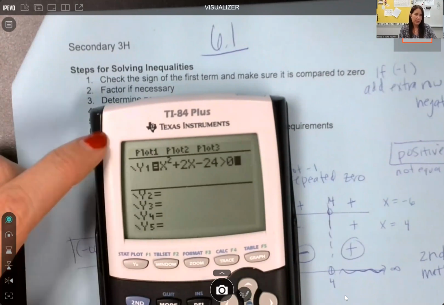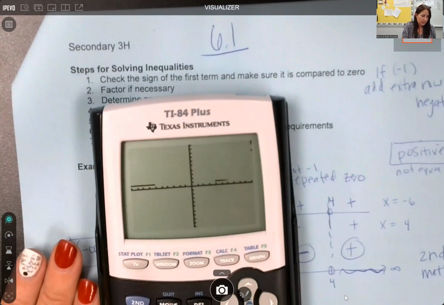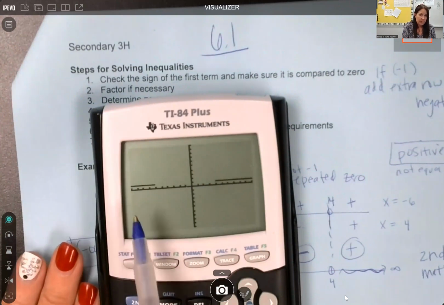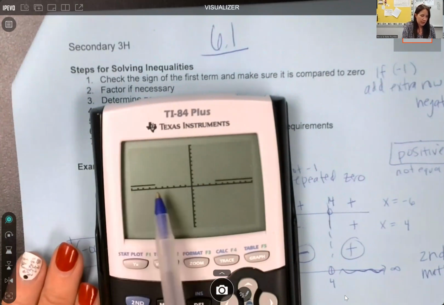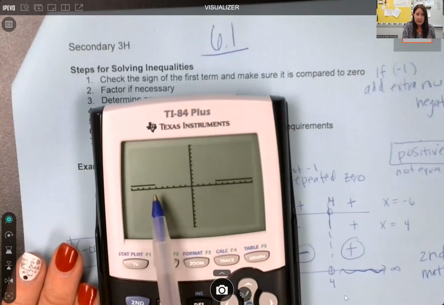What my calculator is going to do is draw the values just like we would on a number line. So it's going to go -infinity to this where it stops. Again, I have no idea that that's -6 if I didn't factor that and know that number. It does not tell me if it's an open or a closed circle.